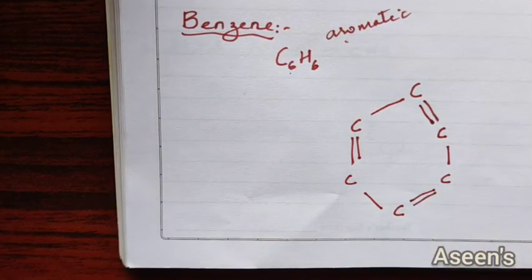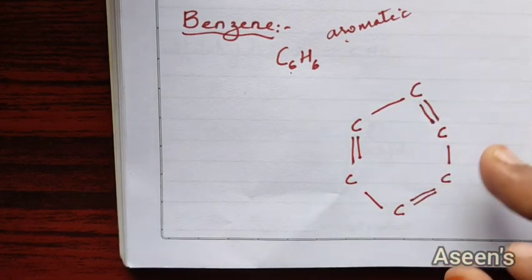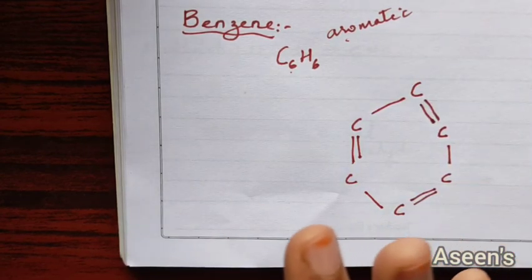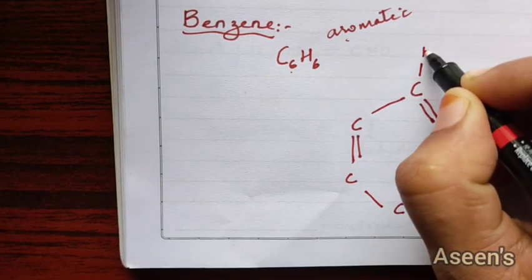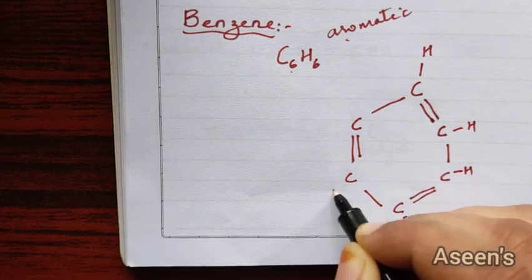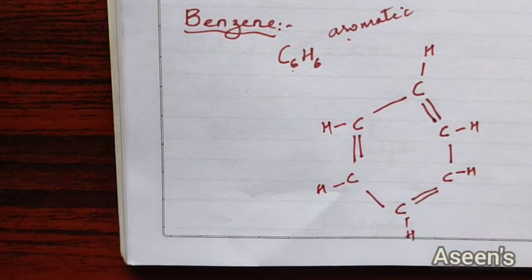This is how alternate they are. You can start with this side: this one will be single, then double, single, double, single. Anywhere you can start. There is no restriction for it. And then comes hydrogen. Each carbon has 1 hydrogen. So this is what your benzene looks like.